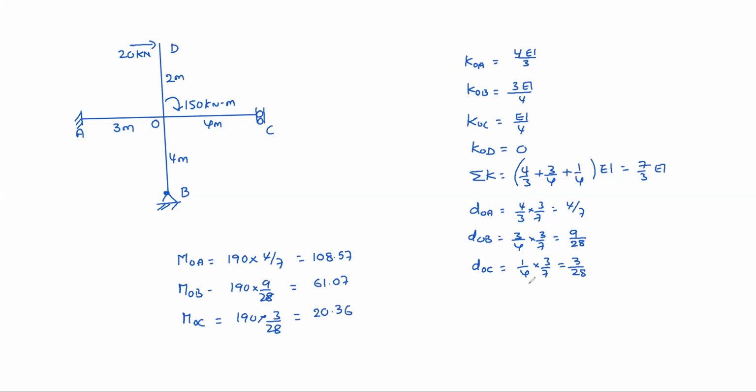See here, MOA 108.57. 50% of that, how much? 54.285. OB 61.07.